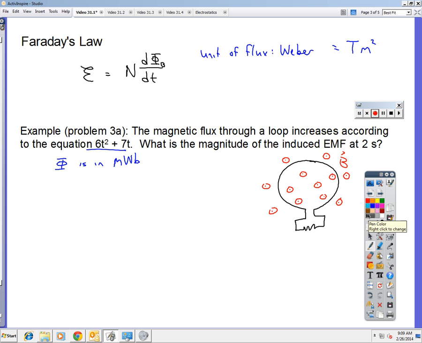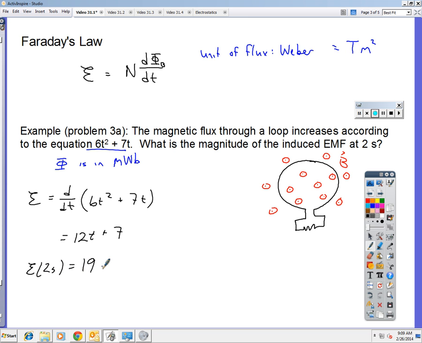So phi is in milliwebers. There's only a single loop here. So the EMF is just the time derivative of 6t squared plus 7t, which is extremely easy to do: 12t plus 7. And at 2 seconds, that equals 19.